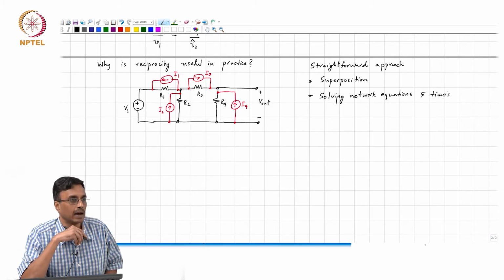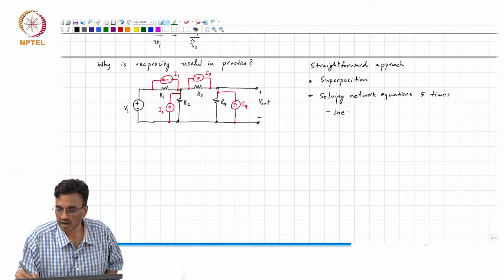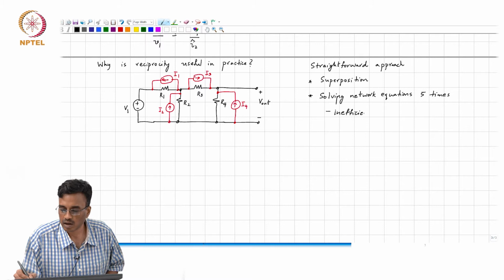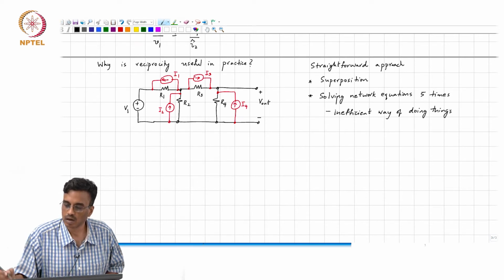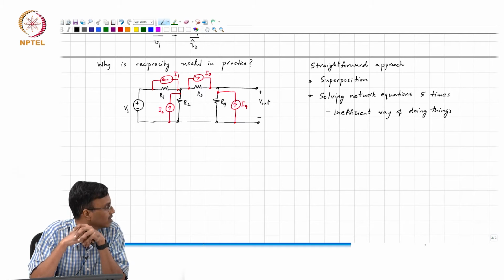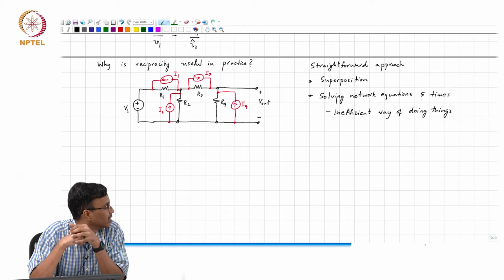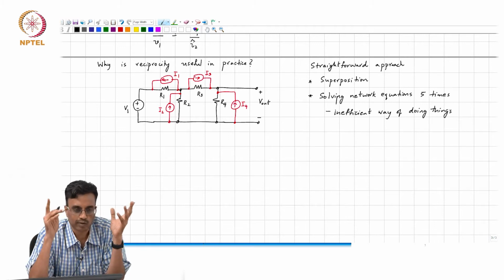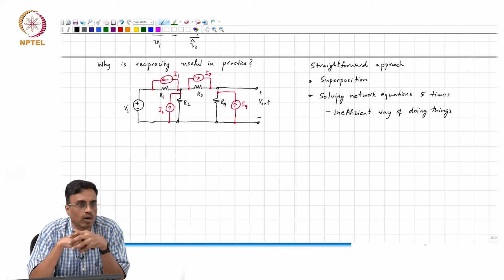Okay, and this is therefore an inefficient way of doing things. And why do I say it's an inefficient way of doing things? Because think about it. When you say solve the network, how do you plan on solving this?